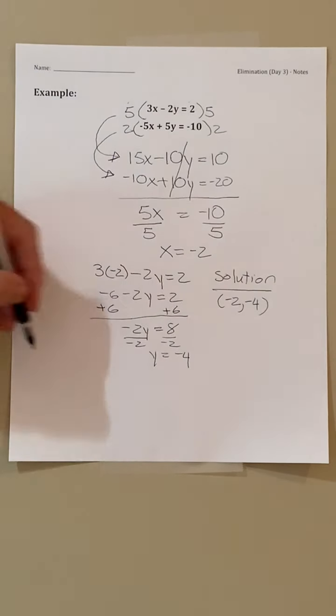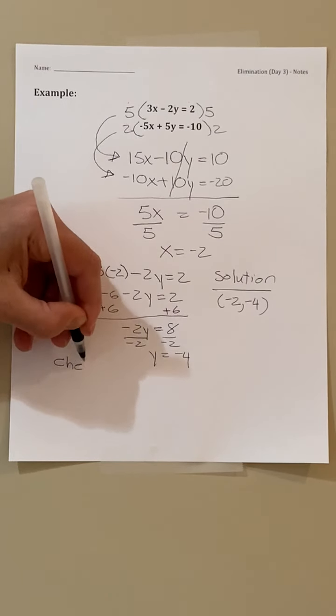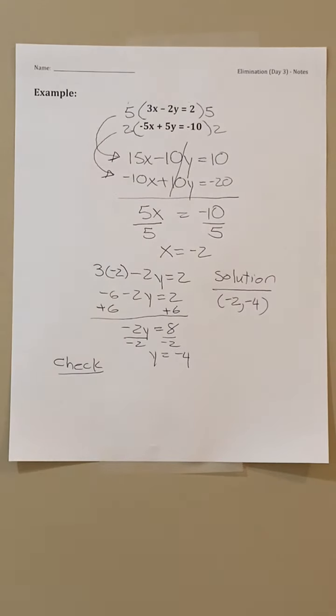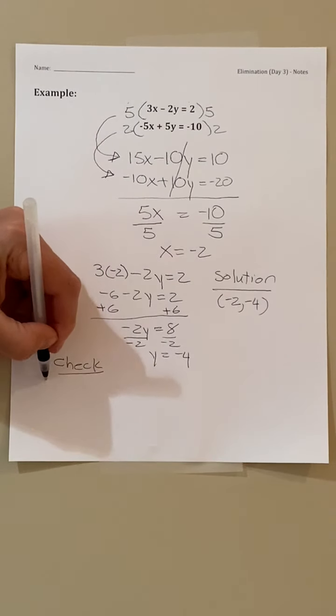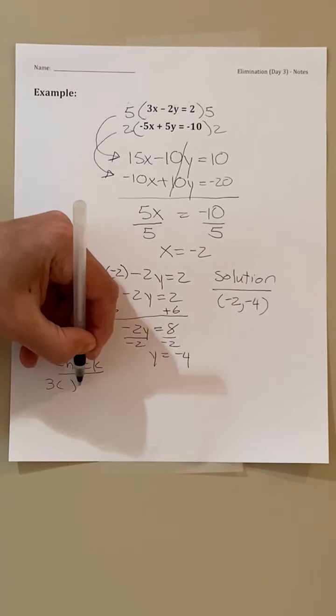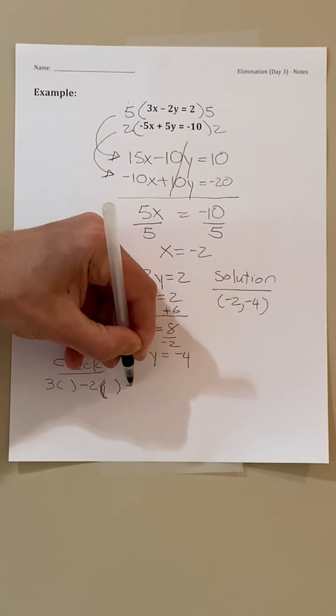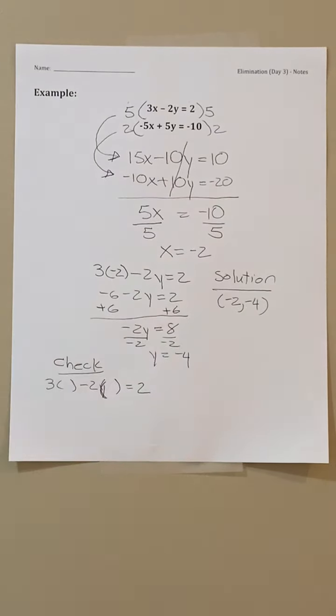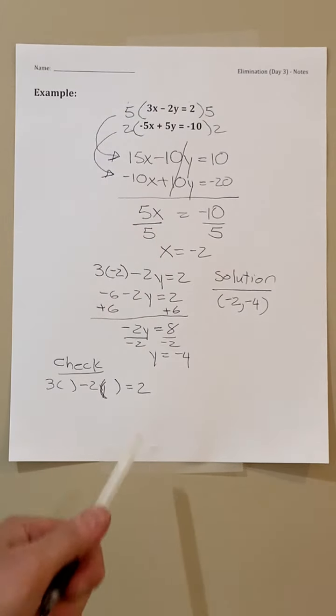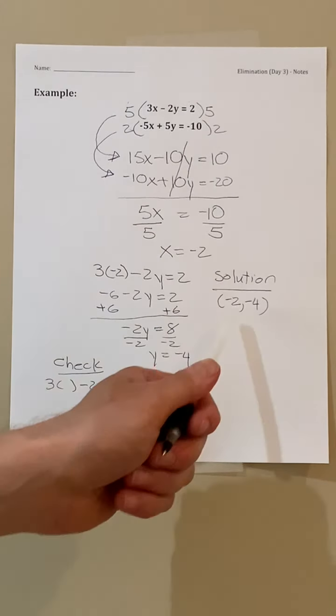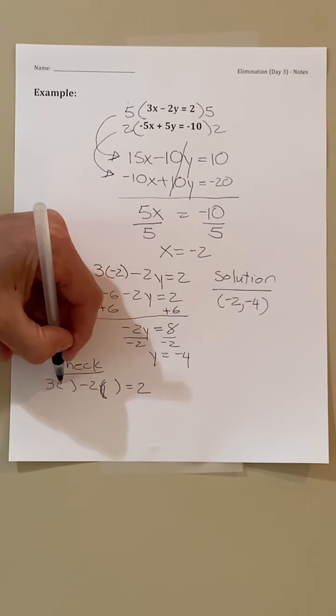Our final step is we are going to check the solution in both of the two equations. So start with the first equation, 3x minus 2y equals 2. Okay, so I left blanks for both of my variables because I now know what they are. So let's substitute that in.